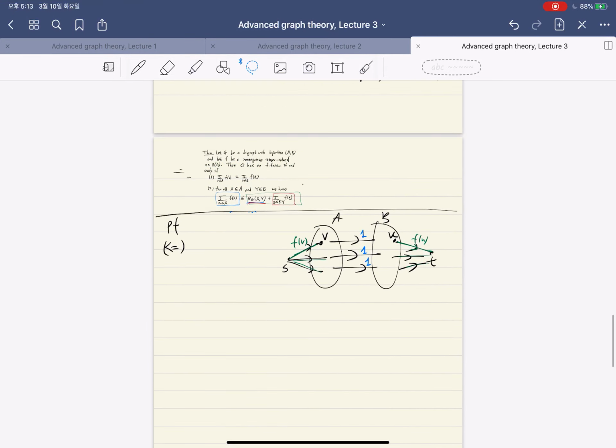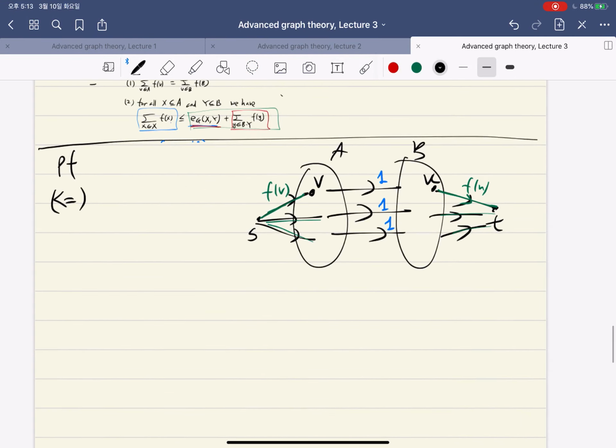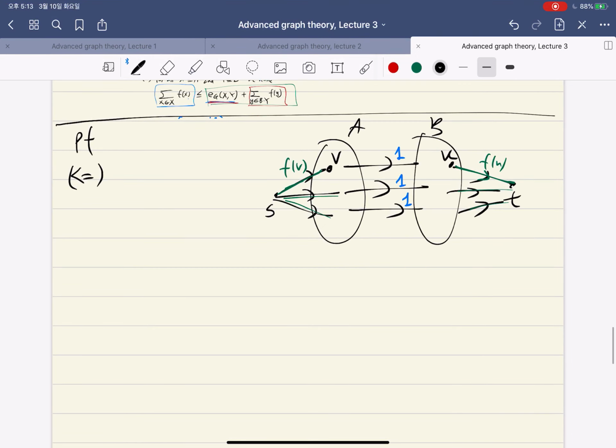Let me get more space. So now what do we do? Okay, I will not write down how we constructed this network, but it is clear how we constructed it.